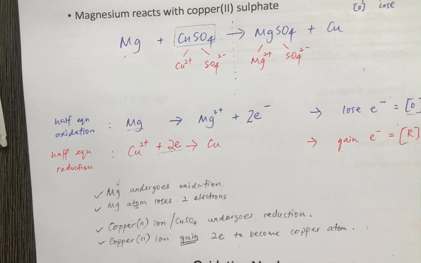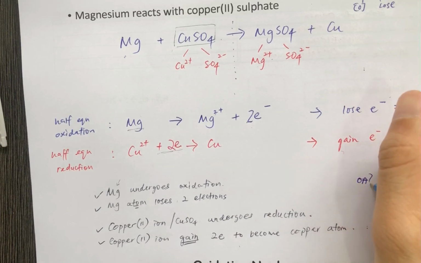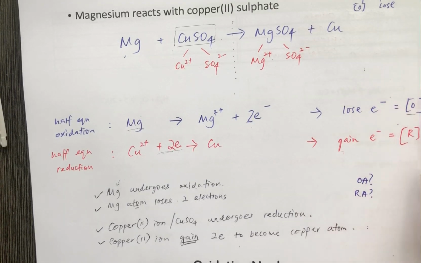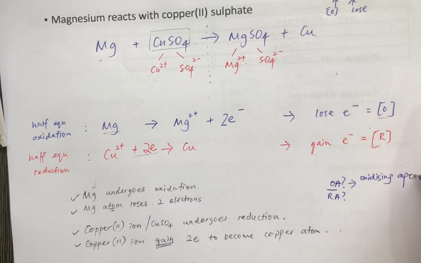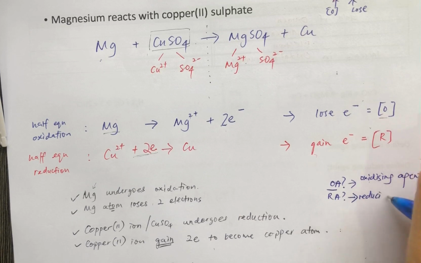Now, an additional question. Do you still remember what is OA and what is RA from our previous lesson? If you don't remember, here's a recap. OA means oxidizing agent. How do you define an oxidizing agent? It itself undergoes reduction. RA means reducing agent, which itself undergoes oxidation.